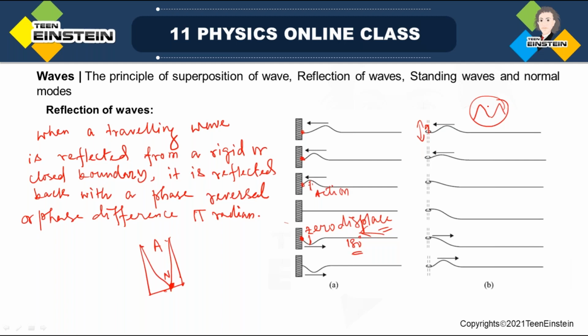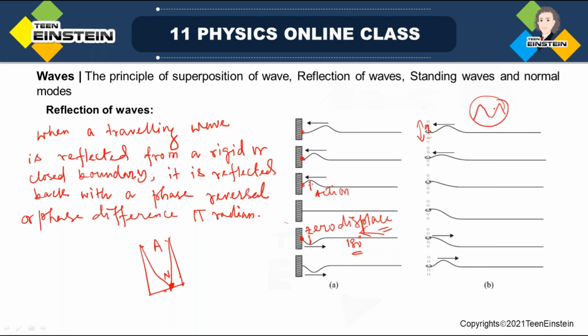So when the pulse hits this ring, the ring also oscillates, and this will create a reflected wave which will travel in the same phase. The reflected wave will be in the same phase. As the ring moves up, it stretches the string and produces a reflected crest.